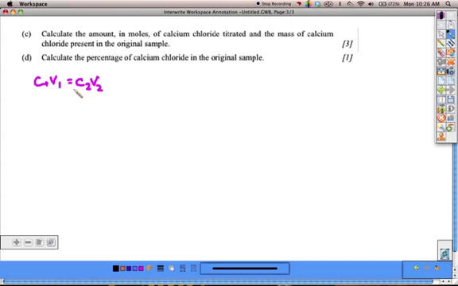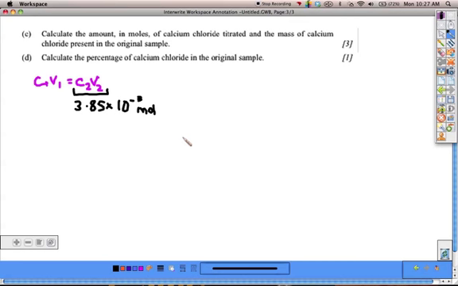I already have calculated my moles that I used to titrate the solution. And I figured that out with the last one is equal to 3.85 times 10 to the negative 3 moles.